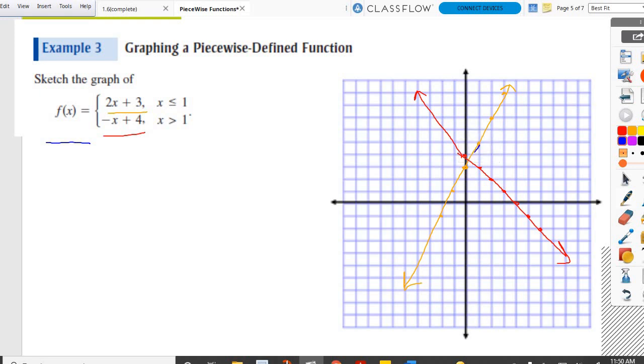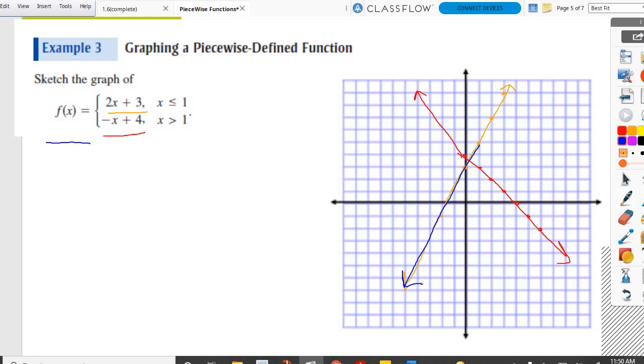To the left. It's less than. So that means that this is the portion of the graph that I would want to keep. Normally I would just erase the rest of the graph, but I want you to see where I'm getting them from. So for this part, I'm just going to draw it in blue. Now we have to decide at 1 though, does that graph get a closed circle or an open circle?